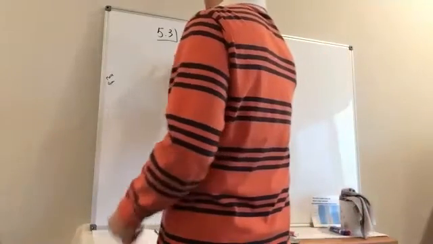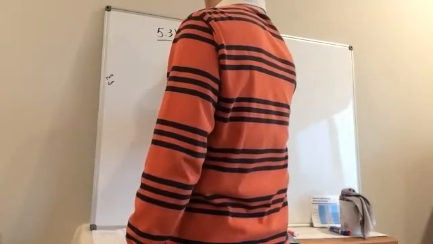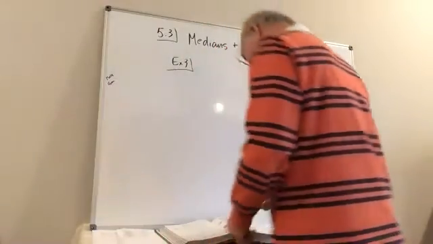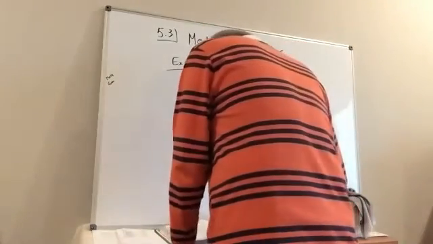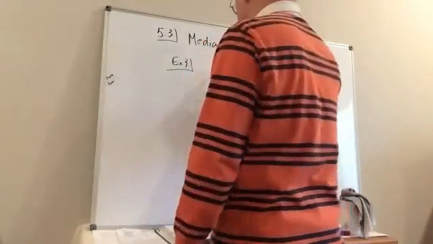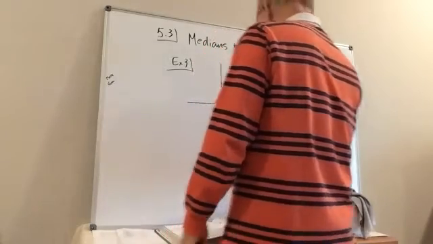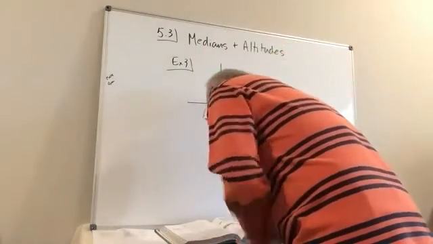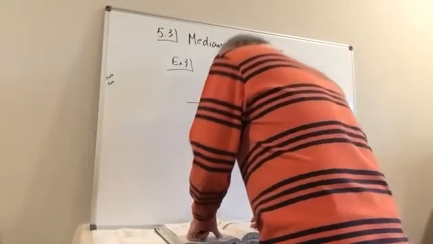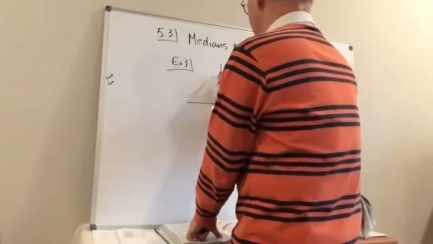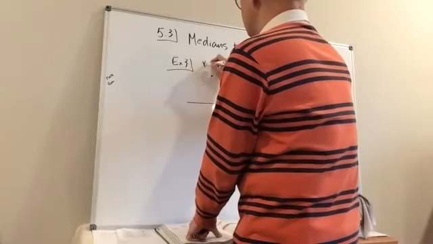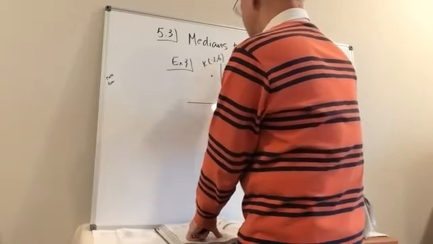Okay, let's go to example number 3. Example number 3, we have find the orthocenter of JKL with vertices. We have K, which is (-2, 6). So this is K, (-2, 6).